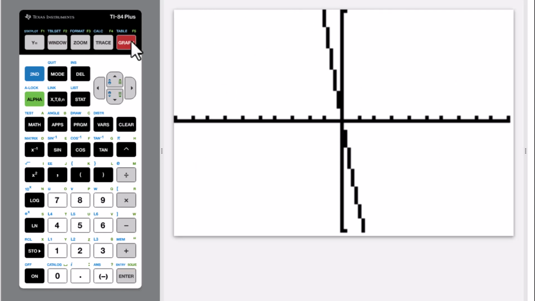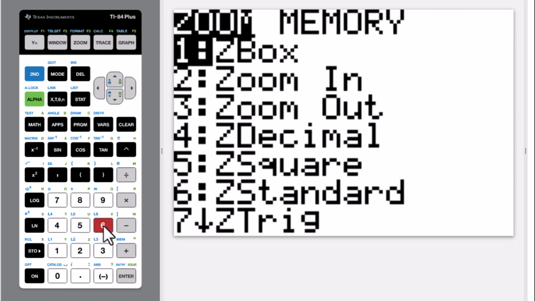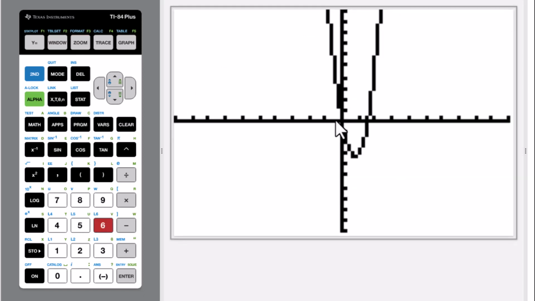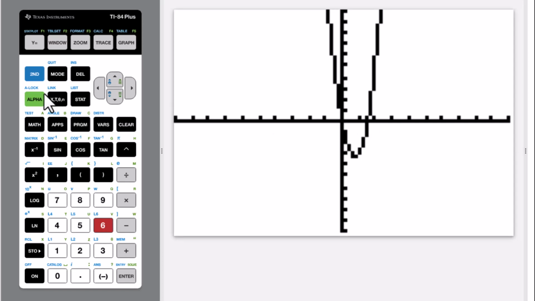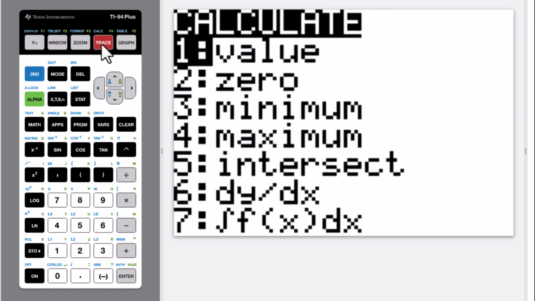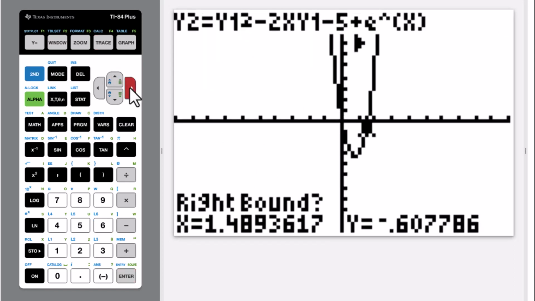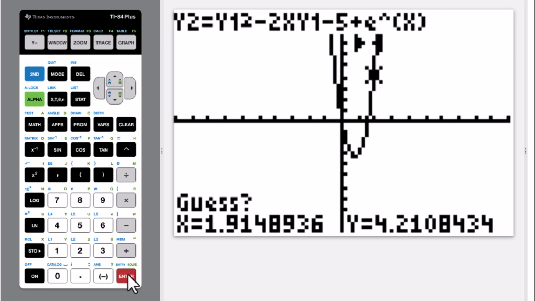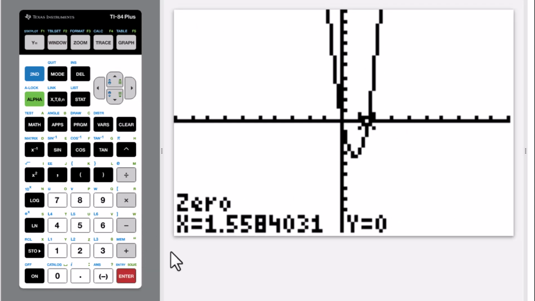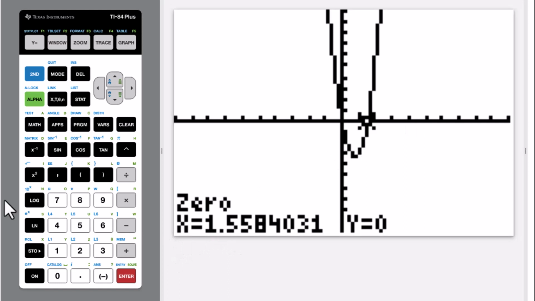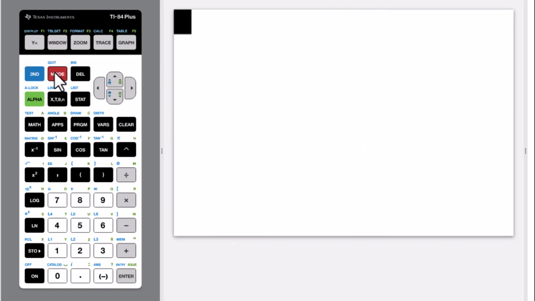Let's do the graph first. Zoom 6, change into the standard window. The first x-intercept is 0. I'm looking for the second x-intercept. Second trace 2. Enter, enter, enter. So we get x equals 1.56. Then we plug into y1 to figure out y.